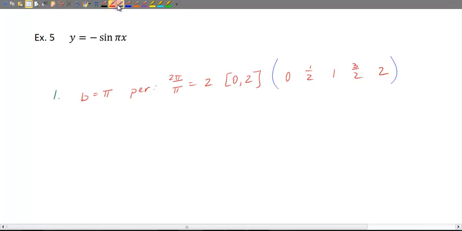The second thing that I want to look at in this function is the amplitude. The amplitude is actually 1. But this is why it's called translation.